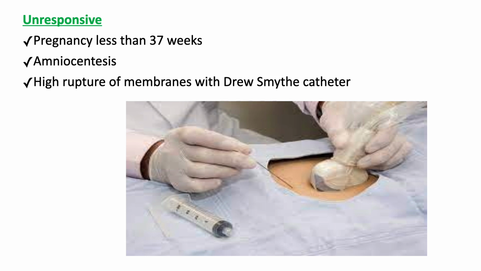You can go for a low rupture of the membranes when the lie becomes stable and the presenting part gets fixed to the pelvis. This will minimize the sudden decompression with separation of the placenta, change in the lie of the fetus, and cord prolapse. High rupture of membranes with a Drew Smythe catheter may lead to accidental low rupture of the membranes and escape of a gush of liquor amnii with its incidental hazards.